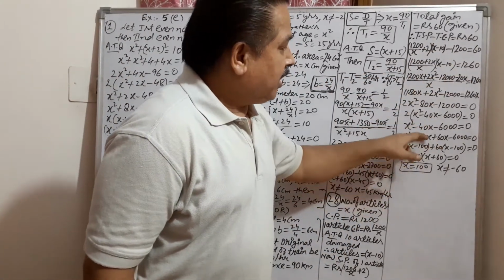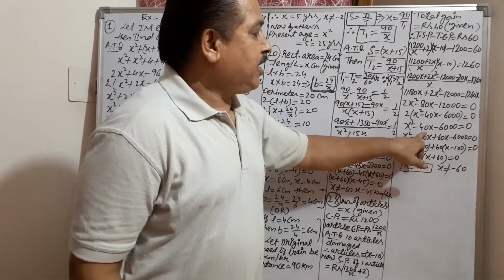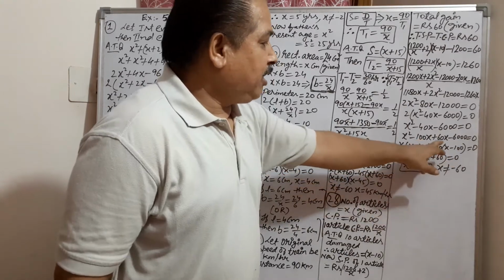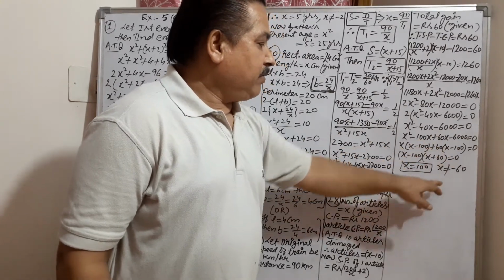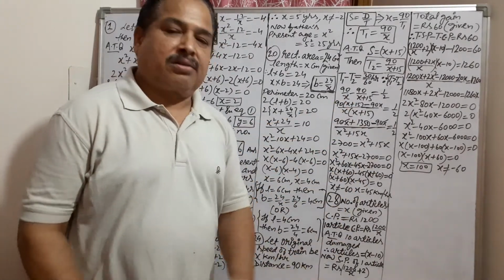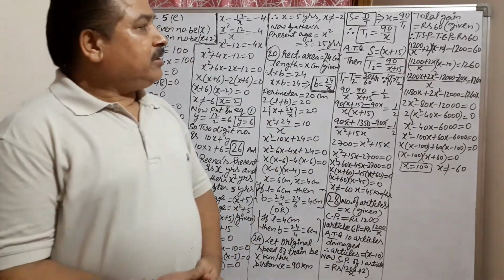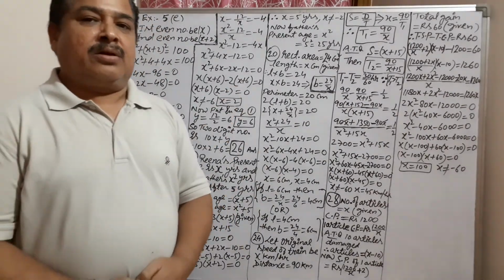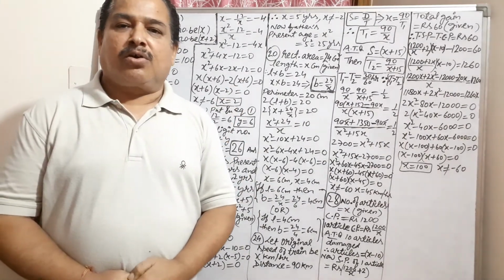Solving this, again there will be a quadratic equation: x square minus 40x minus 6000 equals 0. Factorize the middle term and equate with 0. So x will come as 100. So there are 100 articles. Now children, these are the problems based on quadratic equations. Next time we are going to take a new topic. Thank you.